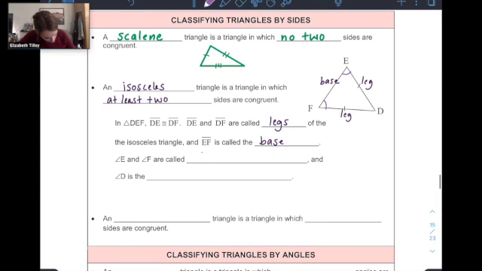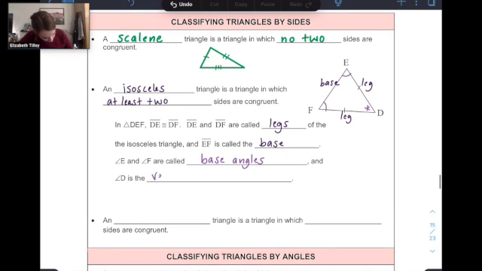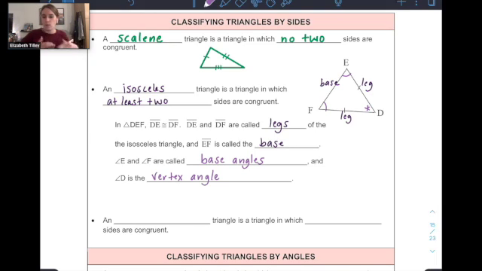These are going to be called the base angles. And D, this top angle up here, is called the vertex angle. So these words are going to be very important for you to recognize because when we refer to an isosceles triangle, they're going to pick some of these key words to tell you which sides are congruent.